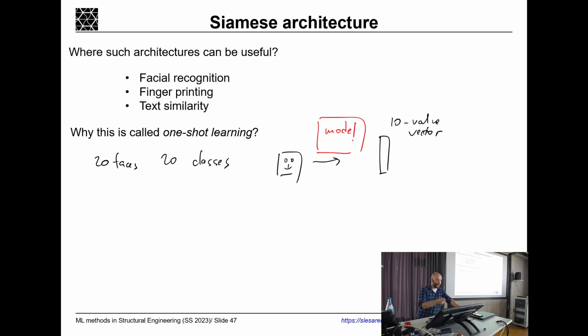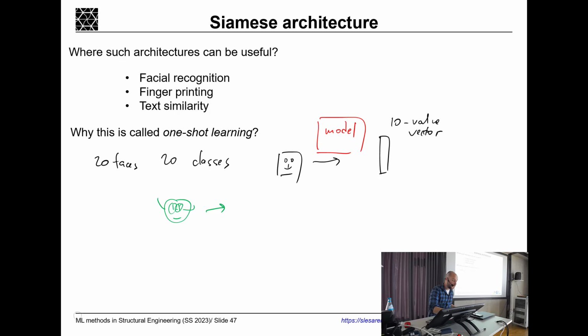Now, when we have trained this model, imagine that other students are coming in. I will take a student's face, maybe with glasses, and put it through the already trained model.